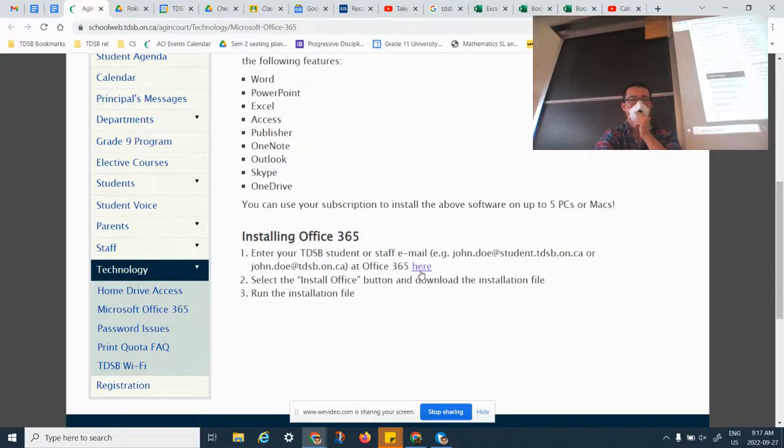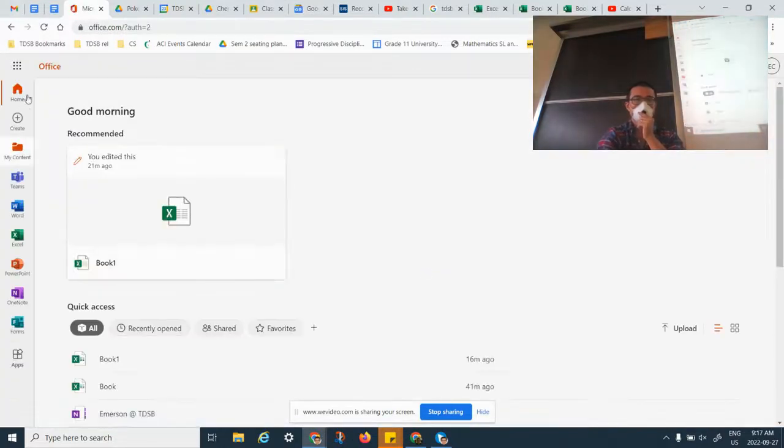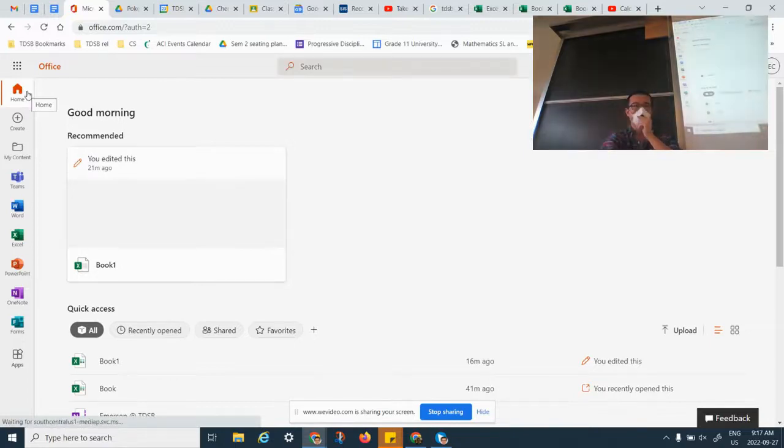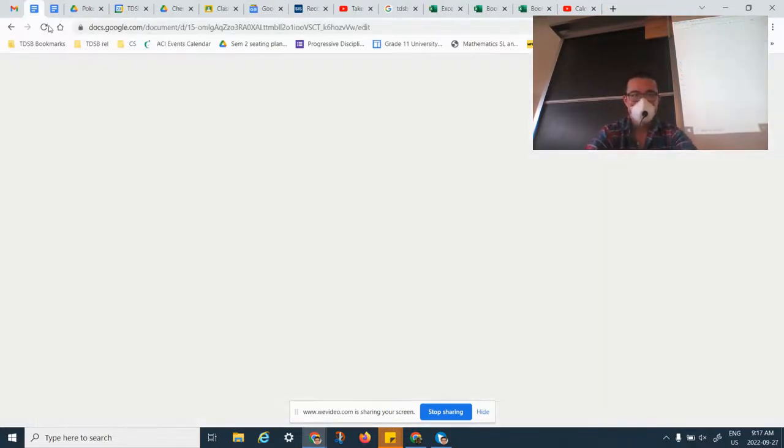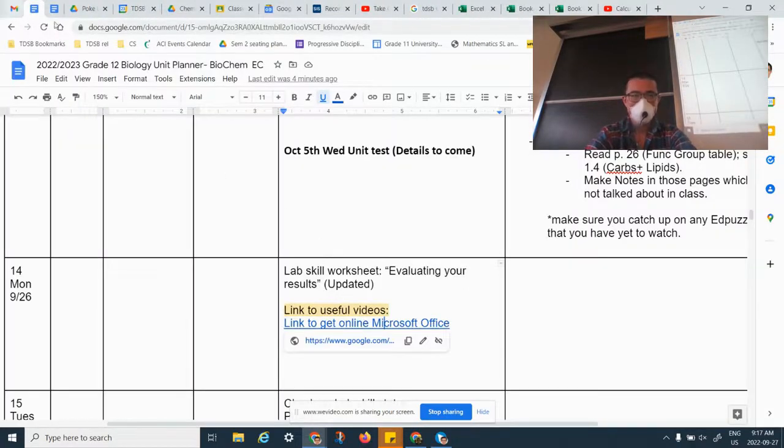The instructions are here. Here's a link. You click on that, and then you should be able to go. Because I've done this already, I get to a page that looks like this. So that's what this one link does.